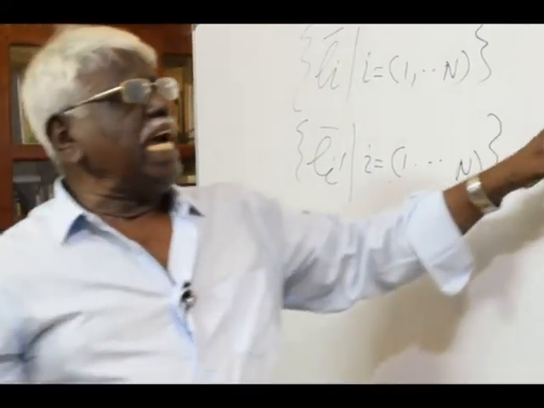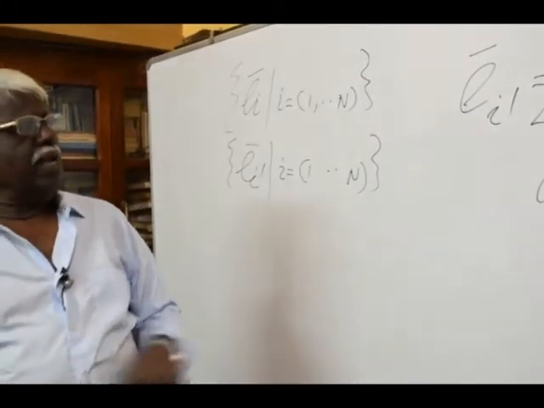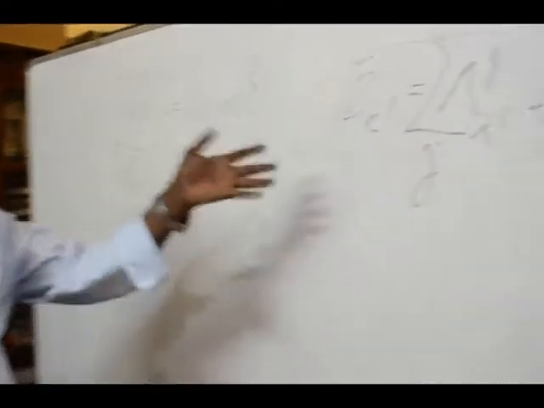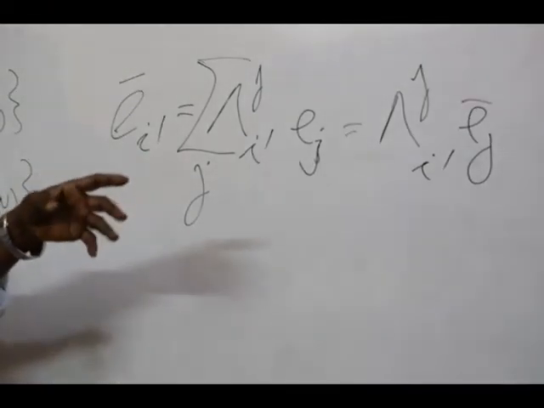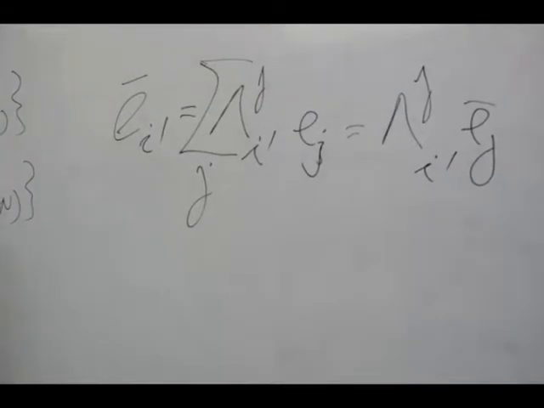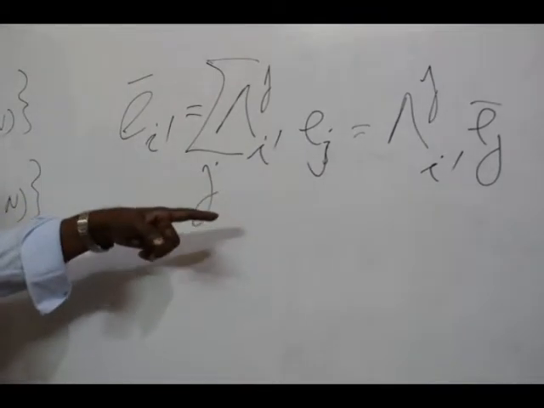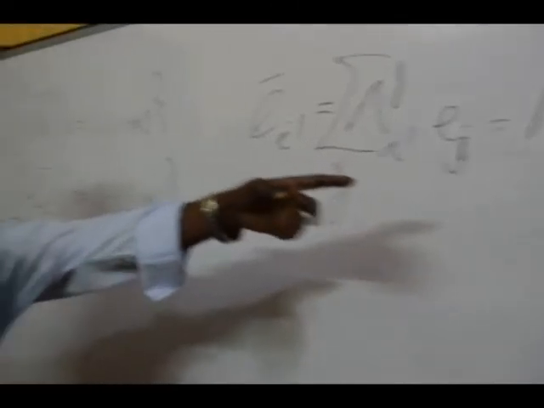Here the basis vectors are the set e_j, and the primed vector e_i', one of the vectors in the new basis, is written as a linear combination of the basis vectors belonging to the unprimed basis. I write it summed over j, and I can remove the summation sign on the acceptance of Einstein summation convention.